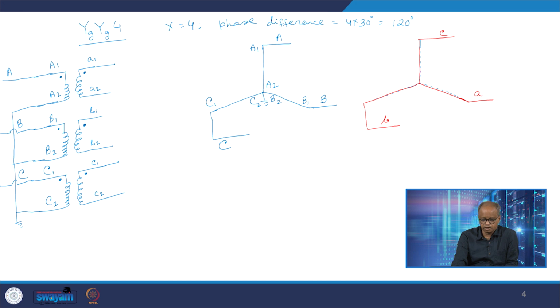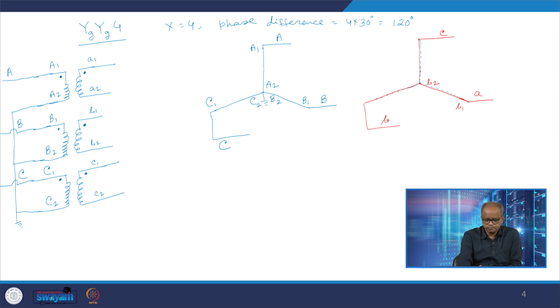Now the terminal marking. You see this vector and this vector, they are parallel. So if these terminals are capital B1, capital B2, then this terminal also would be small b1, small b2, right. This vector and this vector are parallel.